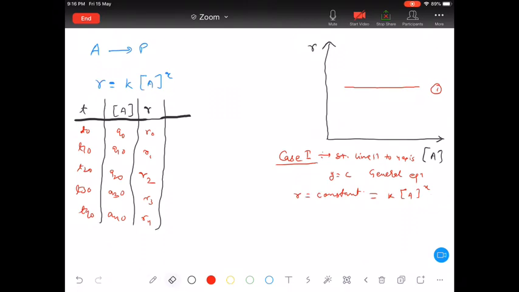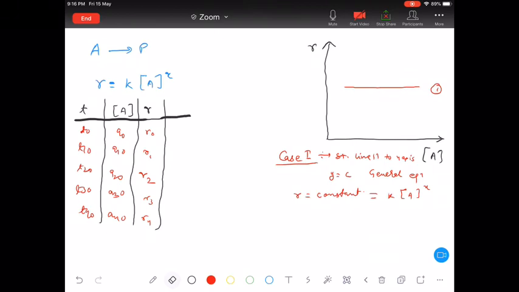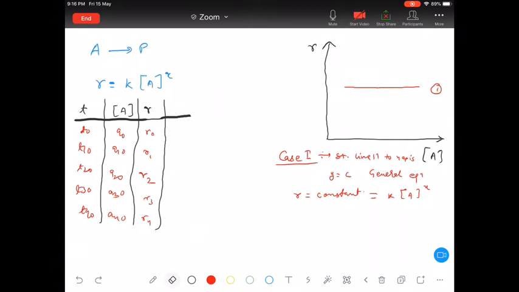So rate is coming out to be constant, which means it is not depending on any concentration. What we understand from this is that the y value does not depend on the value of x, or simply y equals constant.